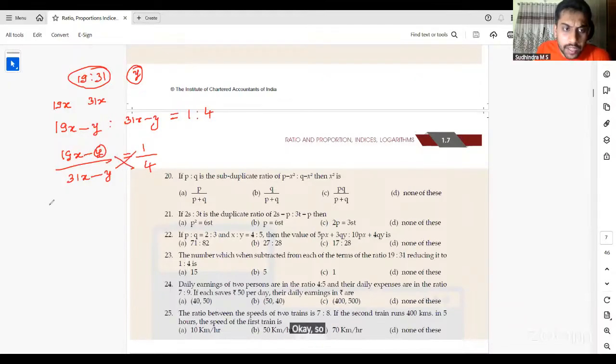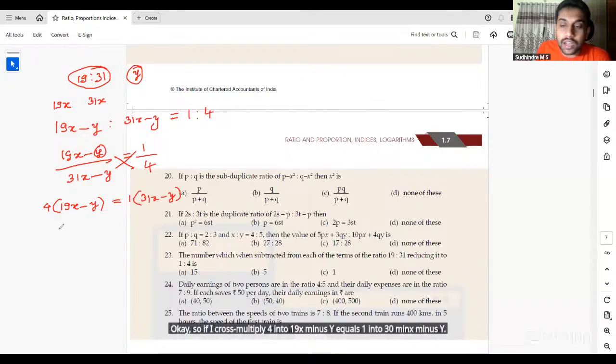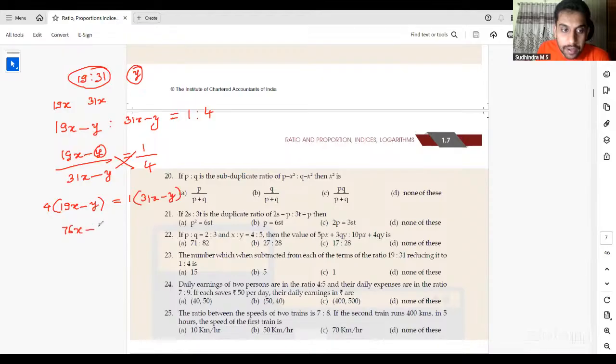So if I cross multiply, 4 into 19x minus y equals 1 into 31x minus y. 19 fours are 76. 76x minus 4y equals 31x minus y. So I'll bring x and y together.